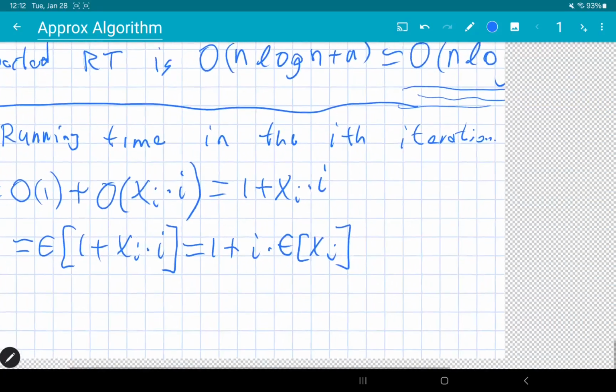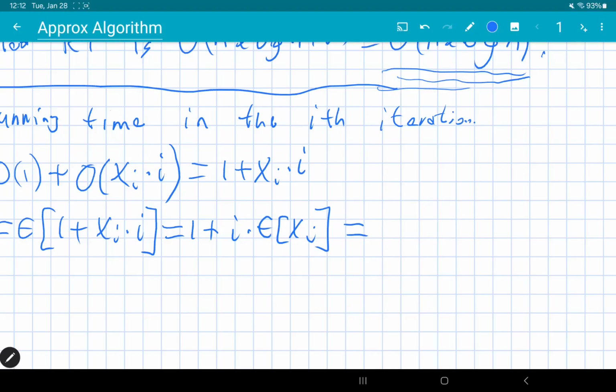Well, expectation of xi, we already argued that this was at most 2 over I. By the way, at most 2 over I, because for the case where the closest pair distance is realized by more than one pair, this expectation can be 0, right?